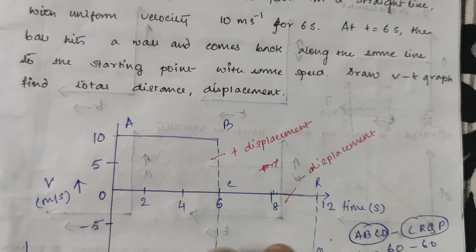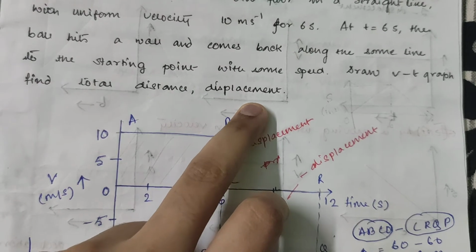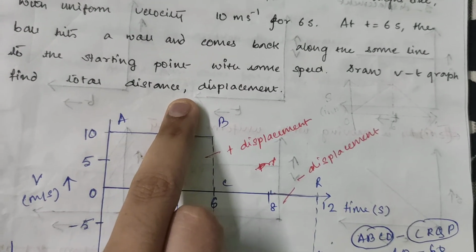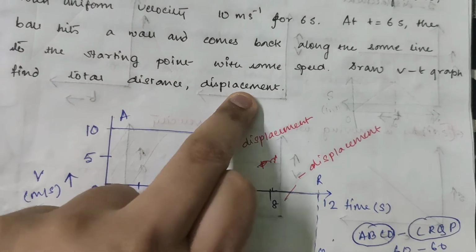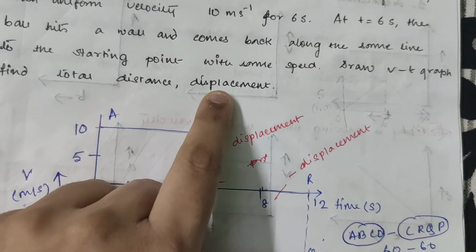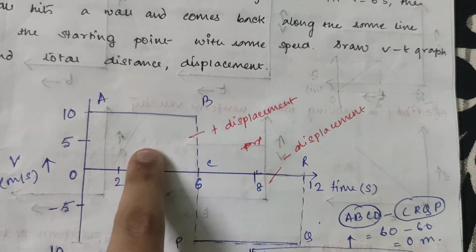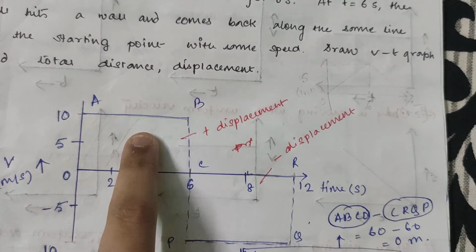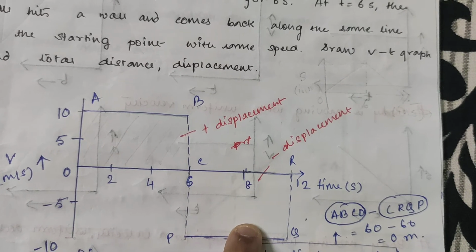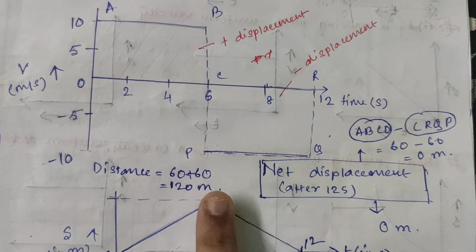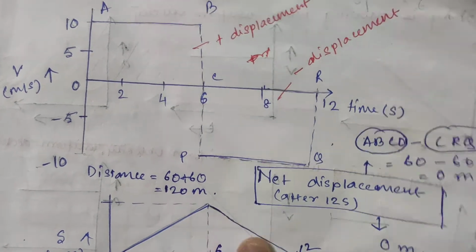So, how will we find the displacement? First, let's find what is the total distance? It's very easy to find. Displacement also, just you have to take care of the signs. See, above the time axis, positive, below, negative. That's because of this fact. Displacement here, it's in the opposite direction.